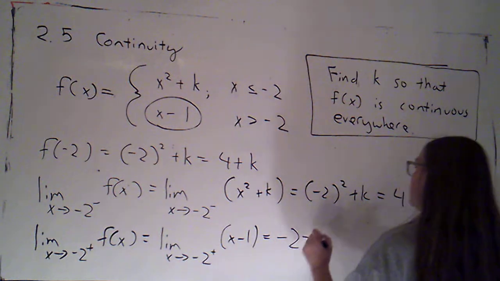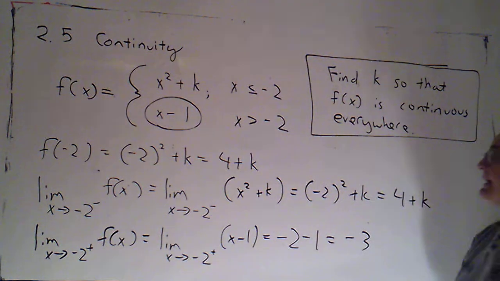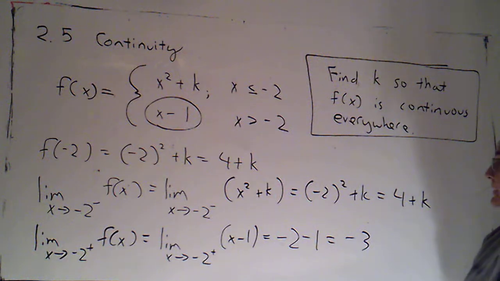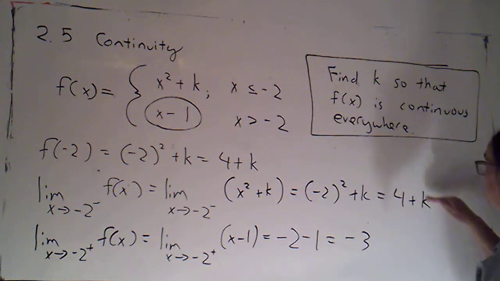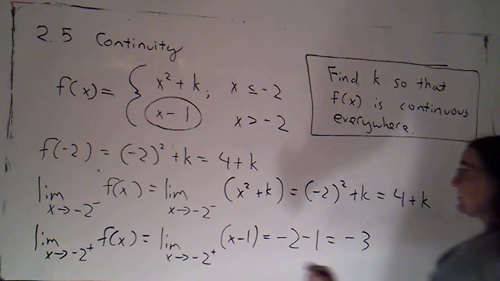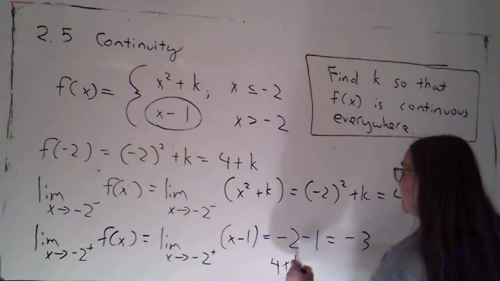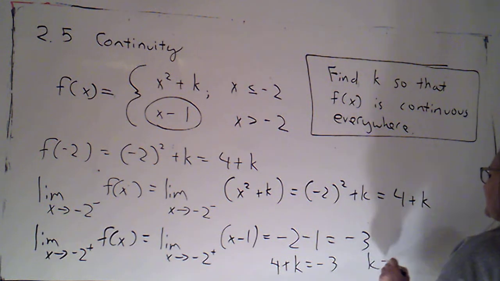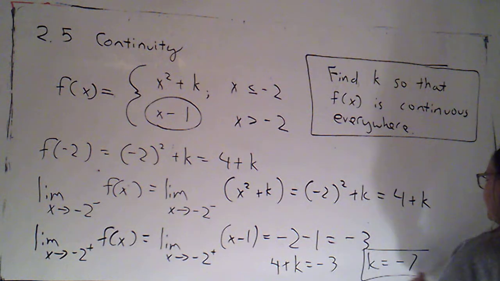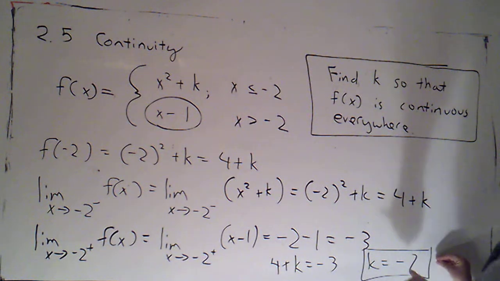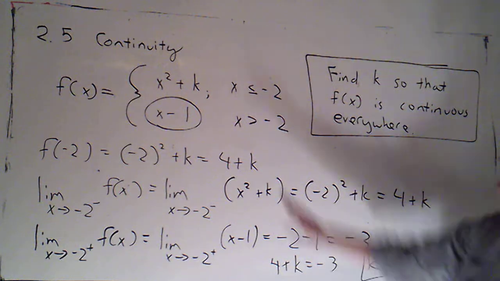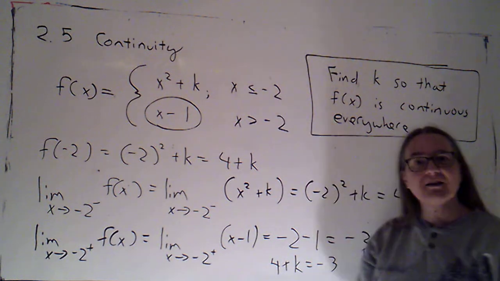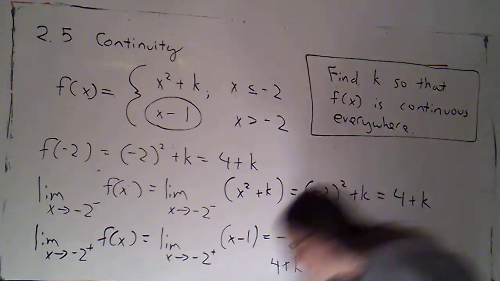So I'm going to get negative 2 minus 1, which is negative 3. Now, in order for my function to be continuous at negative 2, I need these things to be equal to each other. So if I say 4 plus k has to equal negative 3, I can see that k would have to equal negative 7. With that value of k, this function will be continuous everywhere.